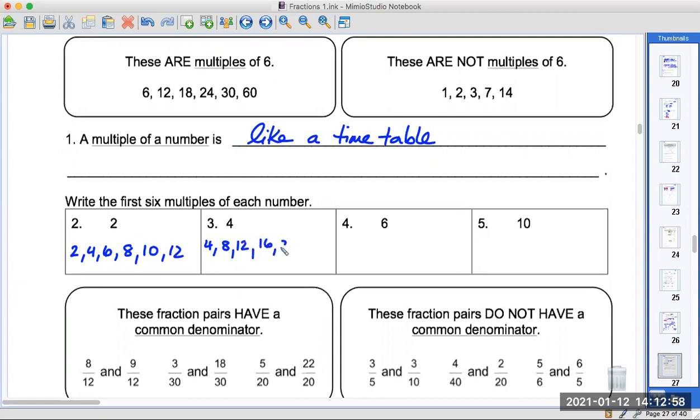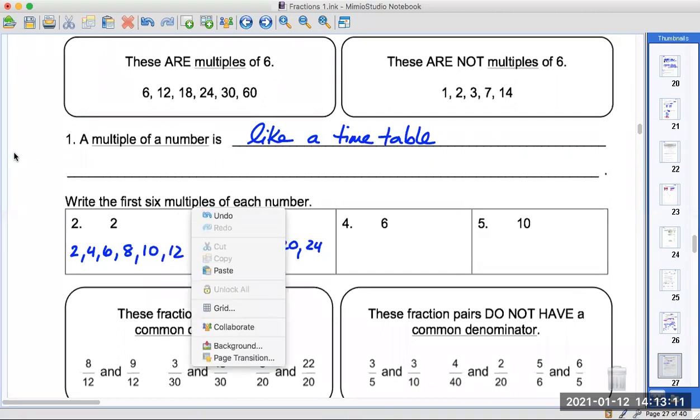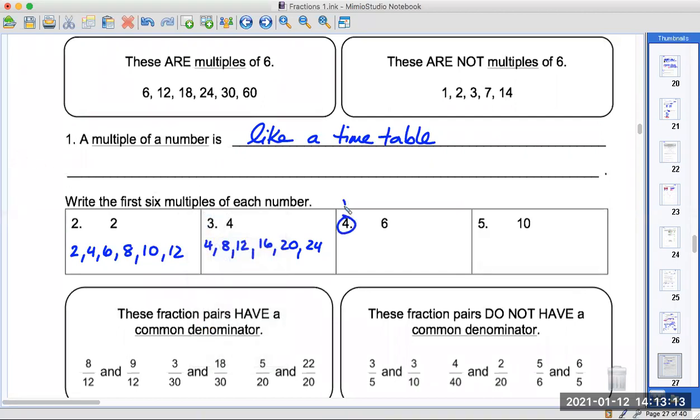You can always add another 4. Adding the same number over and over is the same as multiplying. And then 6. I want you to do that for homework. And that's also homework.